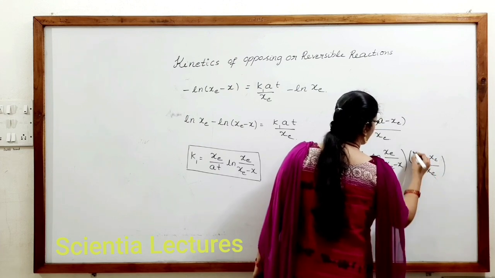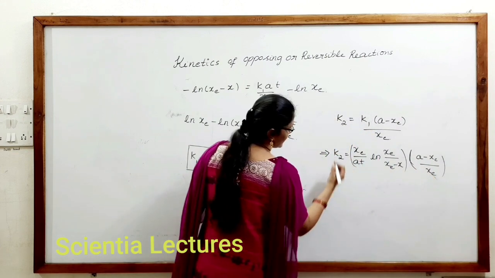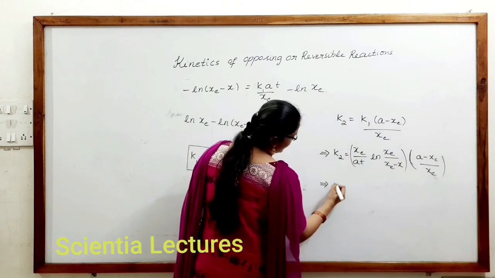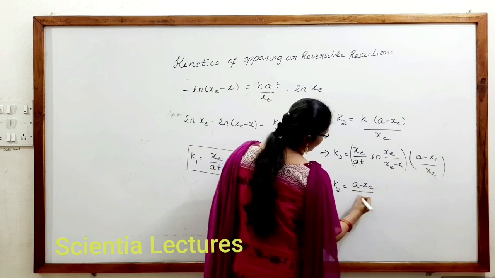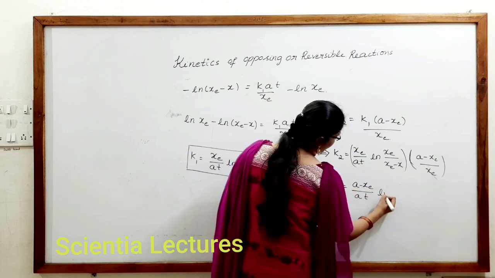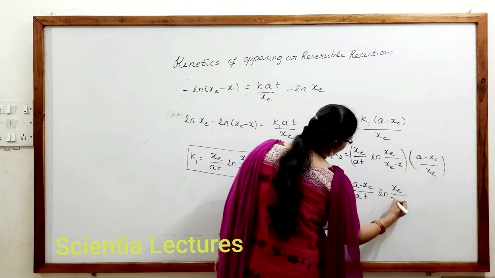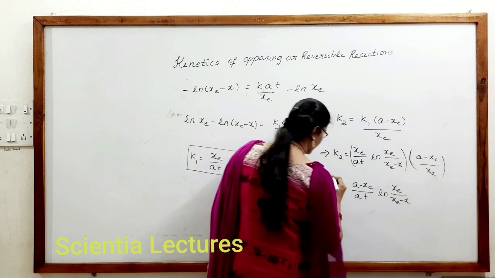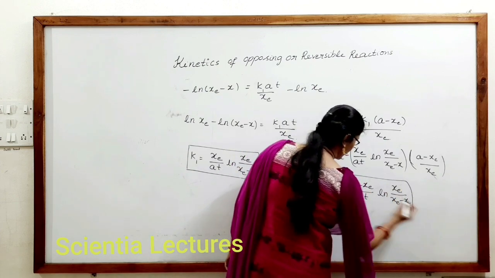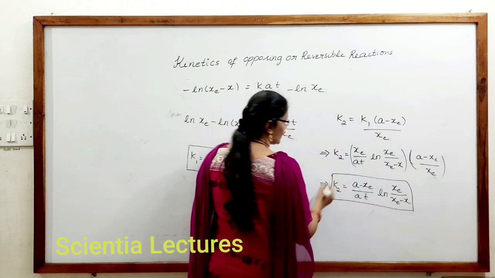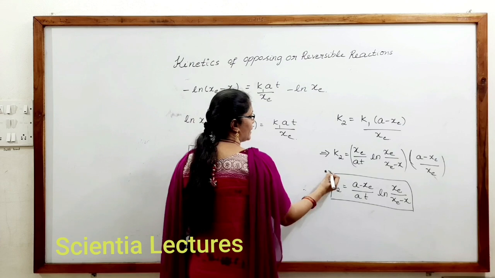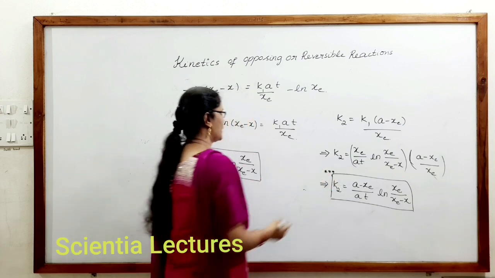So here xe gets cancelled, which implies k2 must be equal to a minus xe by at ln xe by xe minus x. Now, remember what k1 and k2 are in opposing reactions.